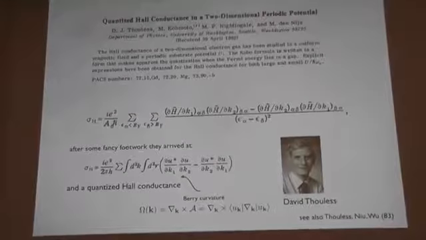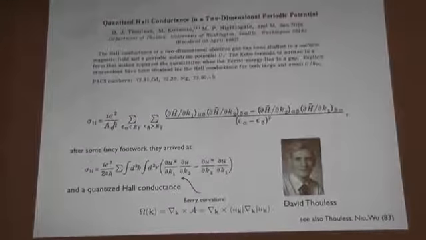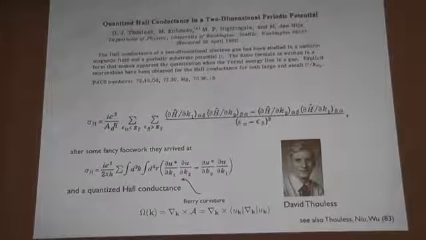So basically, I kind of skimmed over this. I didn't really talk about it, so sorry about that. I said there was some fancy footwork to go from this formula to this formula, which is in a single band. It takes a bit of algebra and just uses a couple of identities.